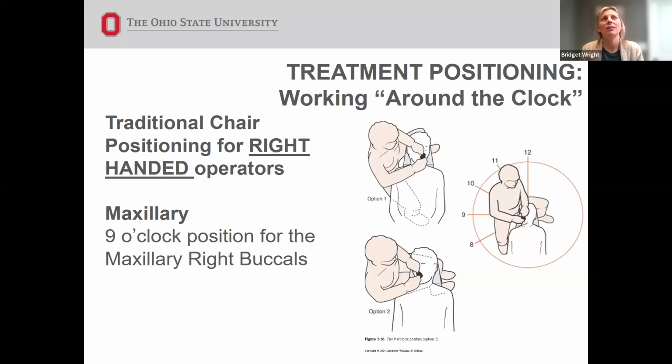Sometimes it's better to have your patient looking straight forward, but then the rest of the maxillary arch is going to probably be closer to this 11 or maybe even 12 o'clock position, where you're sitting directly behind the patient, and your legs are going to be in that tripod position.